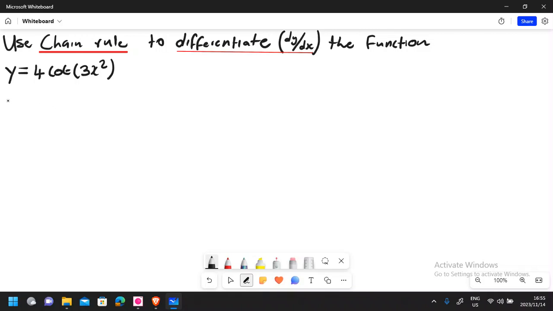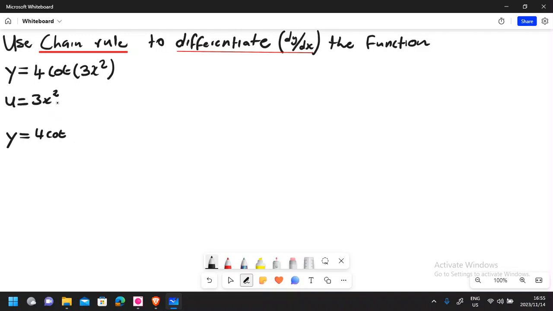After identifying, the next step is to equate the inner function with u. So this inner function, which is 3x squared, is going to equal u. And then the outer function, you're going to equate it to y. It's going to be 4 cot. Now what is going to be different here is the u.